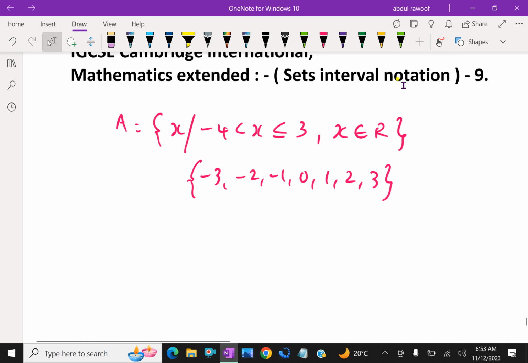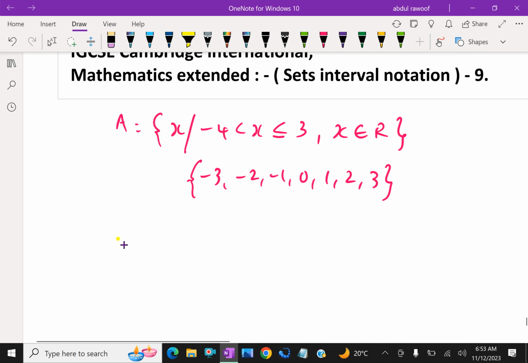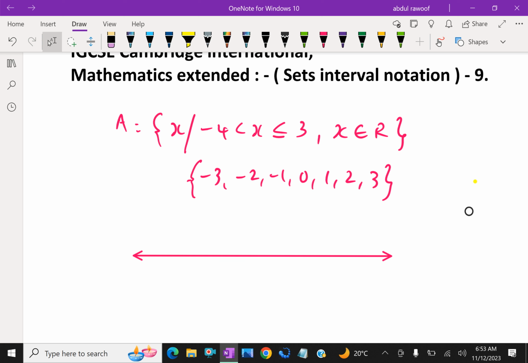Now, how to get in this form? Number line form here. Look at this, this is minus 3 to here.